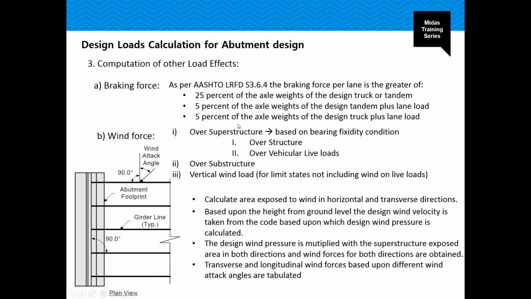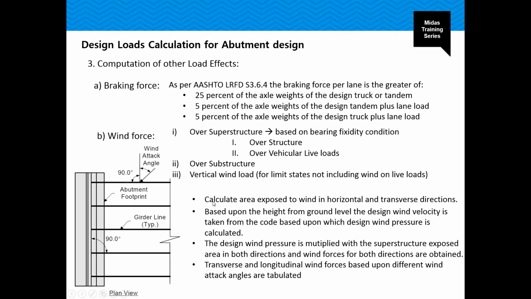So over superstructure, the wind forces are calculated over the structure as well as over the live loads. And then over the substructure, as per the exposed portion of pier, a portion of abutment, it's calculated. And then the vertical wind load effect over the superstructure is calculated and is taken if the vehicular live loads are not being considered.